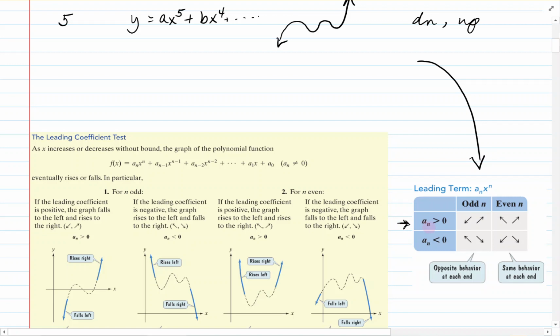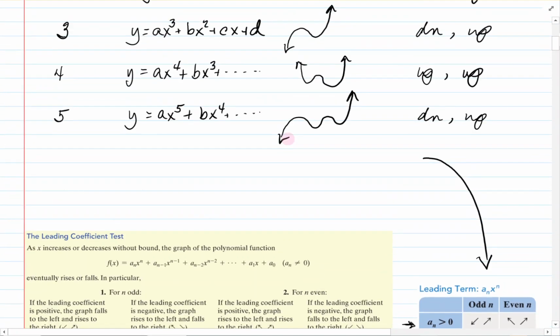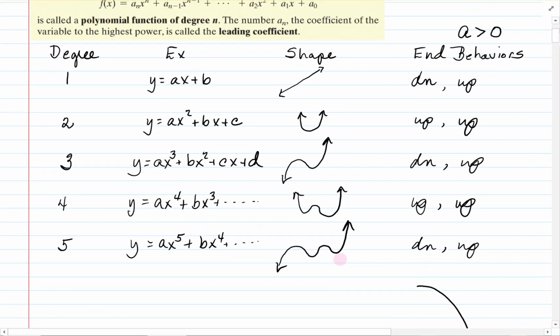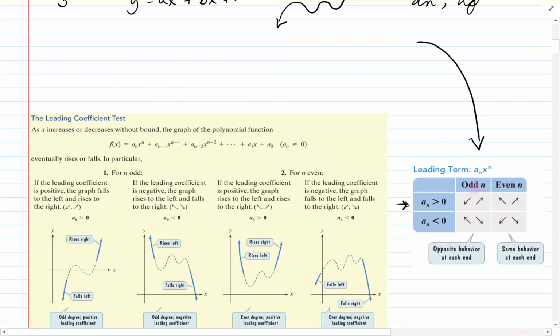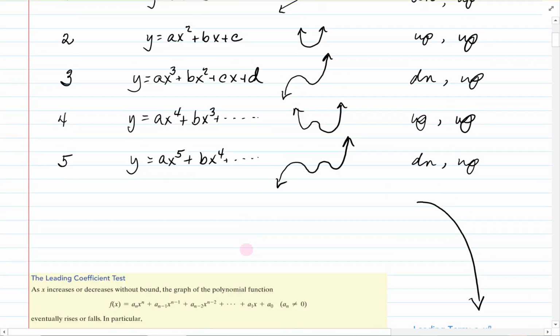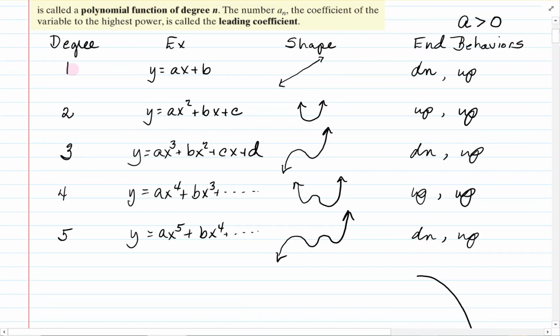If a sub n, which is the leading coefficient, is greater than 0, all of my examples, I said the a was greater than 0. If the degree is odd, it is down on the left, up on the right. But if the degree is even, it's up on the left, up on the right. So you can see the degree is odd, a is positive, down on the left, up on the right.